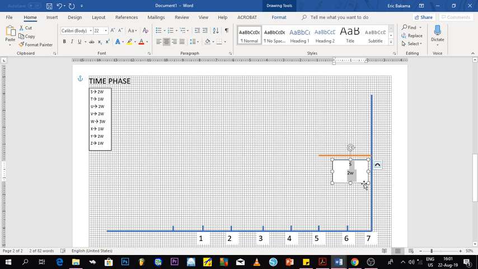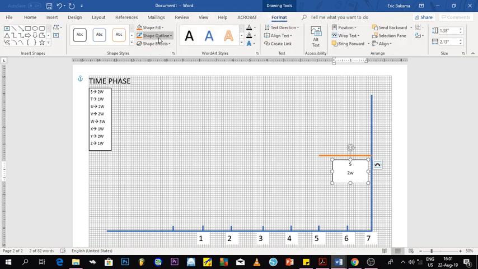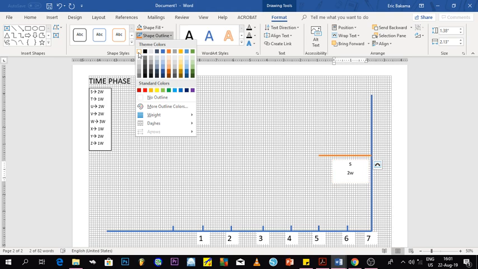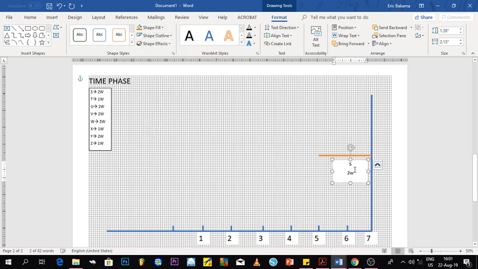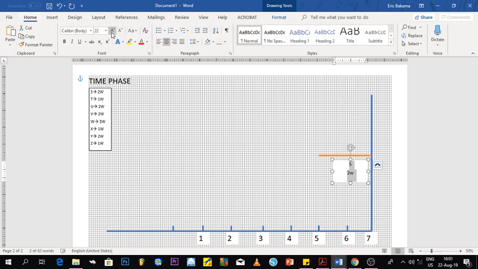Then I want to remove the outline. So the first line that we have is the line of S, which has a lead time of 2 weeks.